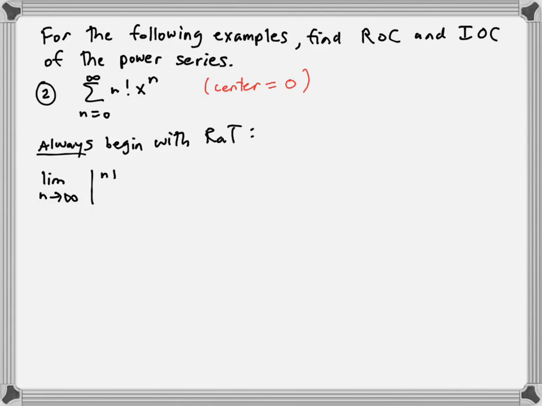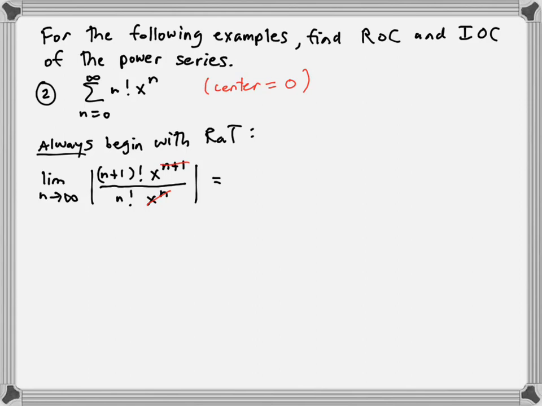We're going to plug in n plus 1, and we're going to divide it by plugging in n. So we want to see where this thing is less than 1, right? So let's go ahead and simplify here. I notice that x to the n and x to the n plus 1 leaves us with a single x on top.